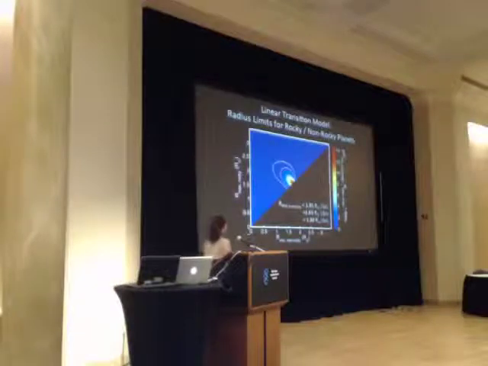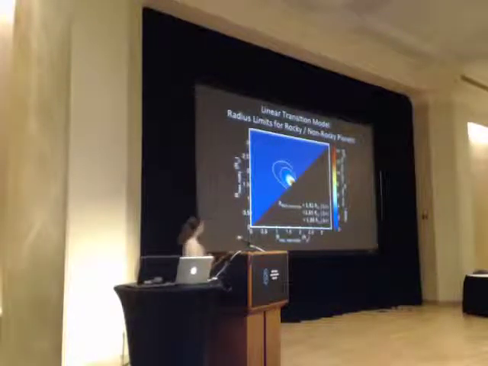Here's what we find. Here I'm plotting the minimum radius of planets that are too low density to be rocky on the x-axis, and the maximum radius of rocky planets on the y-axis. And these contours are the 1, 2, and 3 sigma confidence bounds. You can see that with this model, with two parameters, we have a bit more freedom.